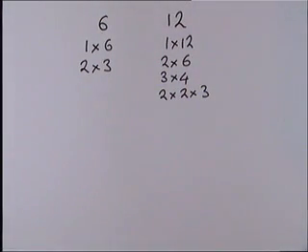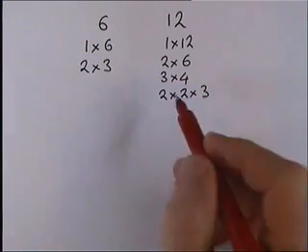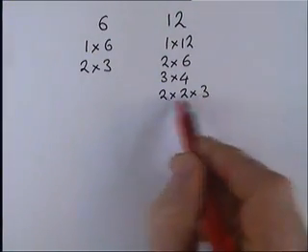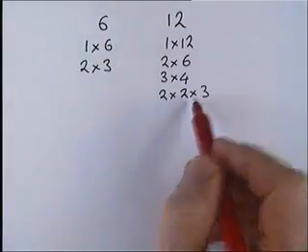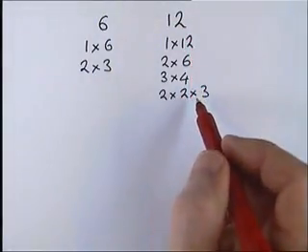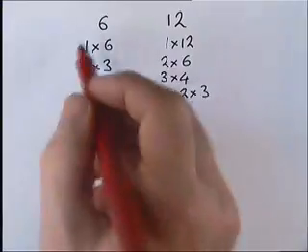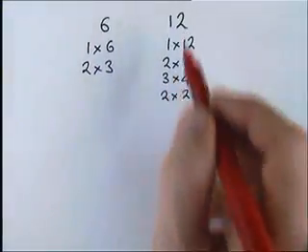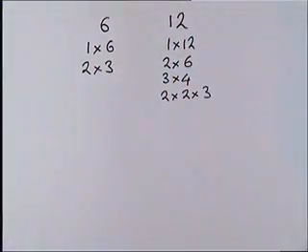The last one is a special form called the prime factor form, because you'll notice that all the numbers in it are prime numbers. So these are the different ways that we can write the factors of 12. Now look at both lists, and I'd like you to underline the common factors.